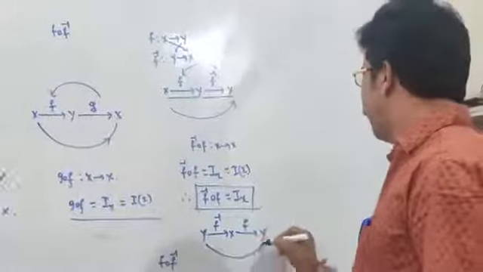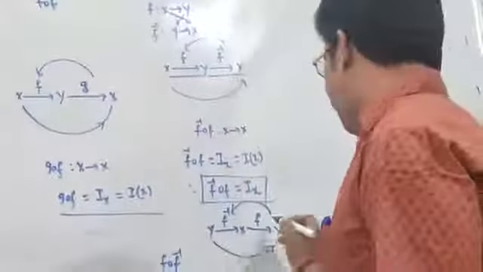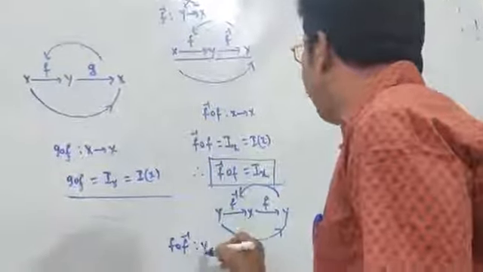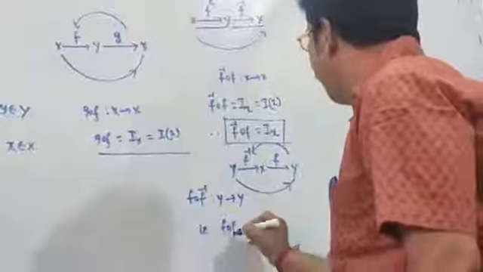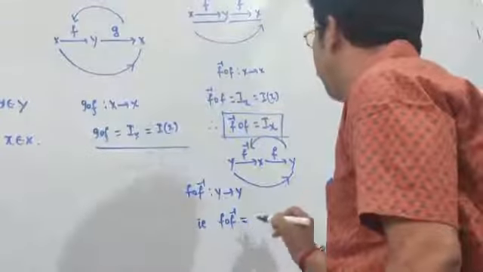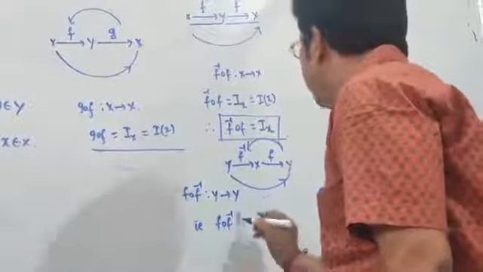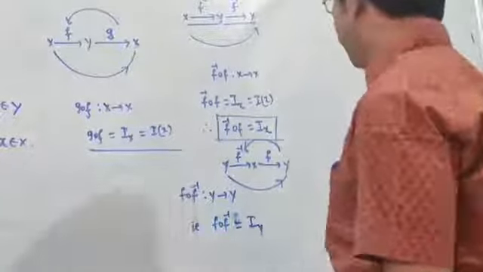So Y to Y in this cyclic direction. So f circle f inverse is Y to Y. That is, f circle f inverse is equal to capital I y.